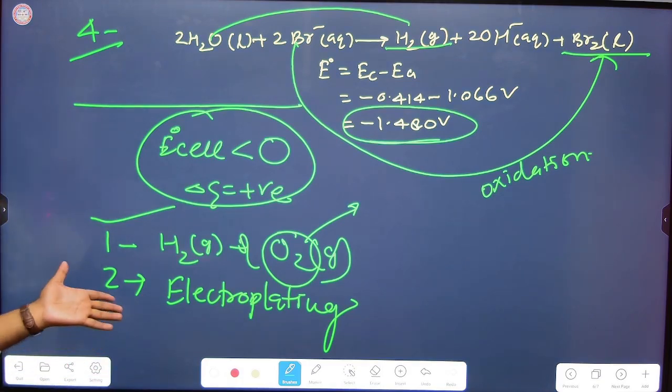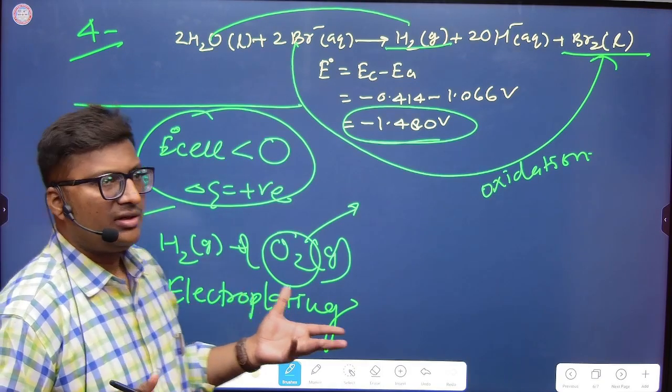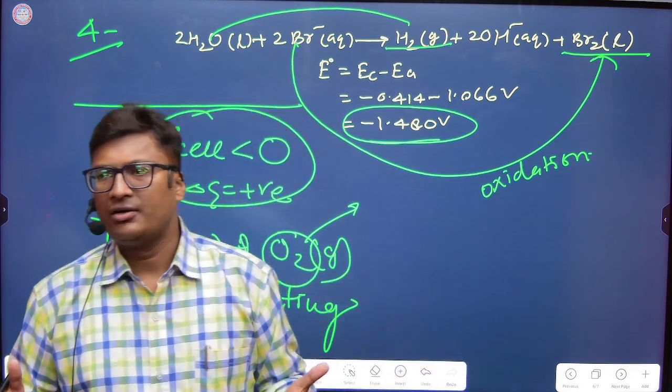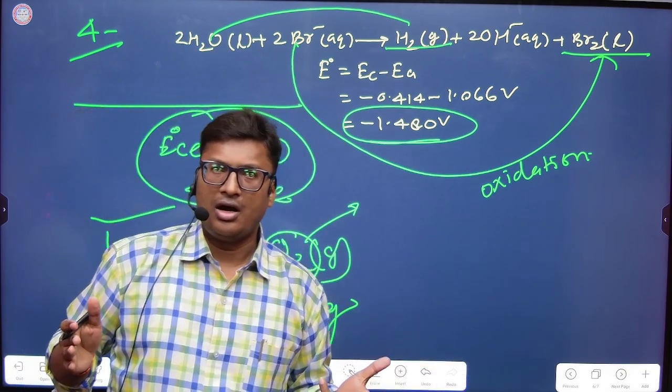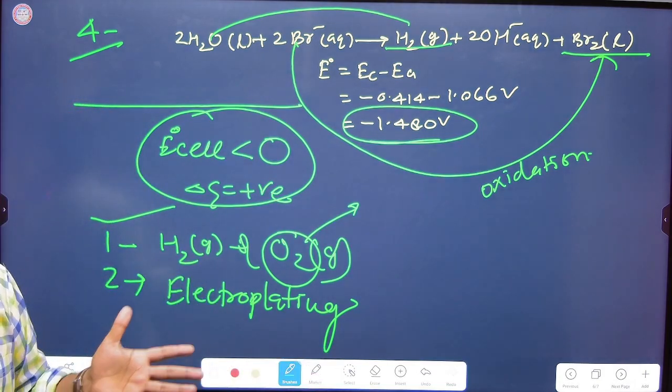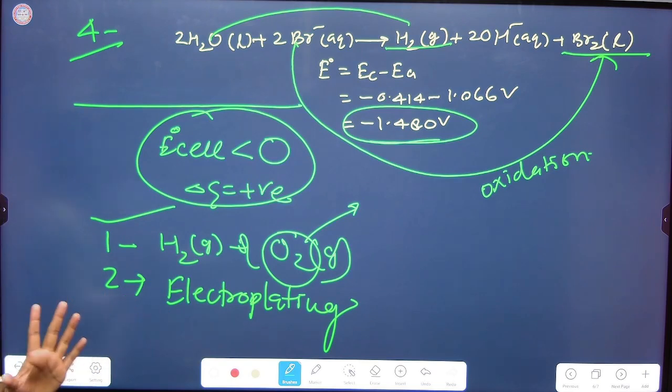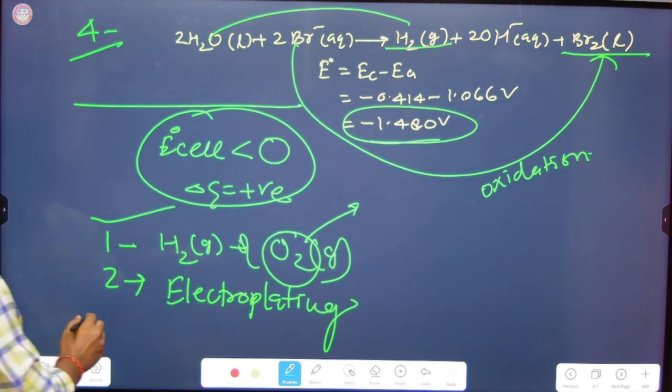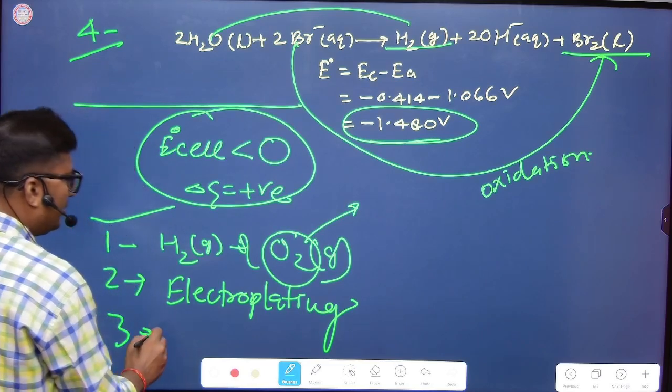So electroplating means a metal can be plated as a thin film on any of the electrodes present in the electrolytic cell. And the third one is electro refining.